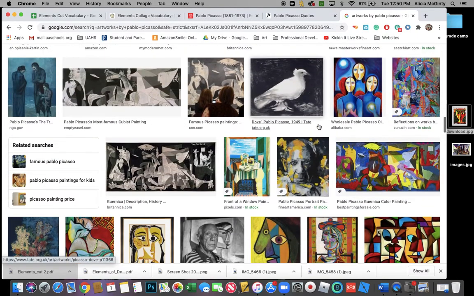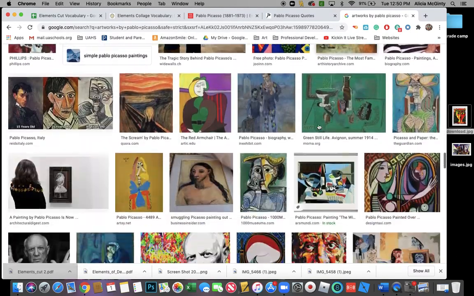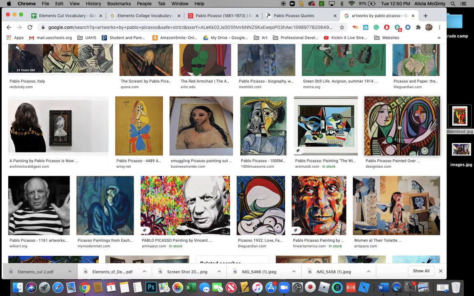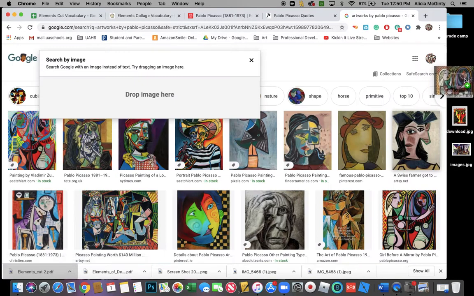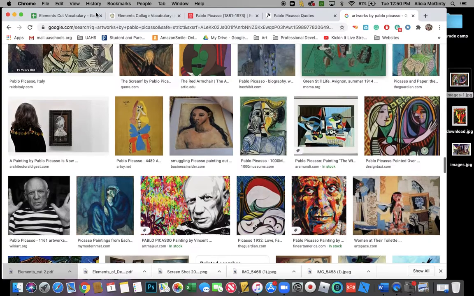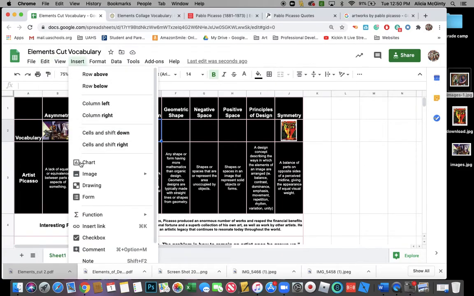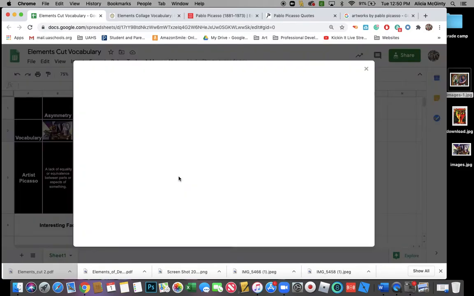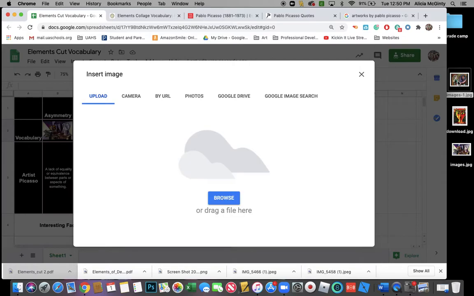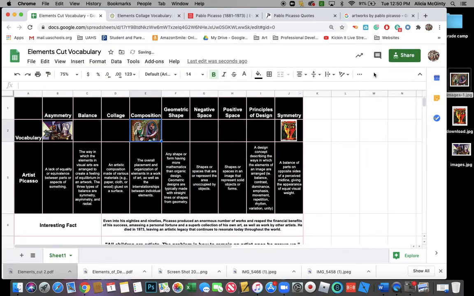So I'm going to go in, I'm just going to pick one of my favorite pieces. So as I'm going down, I've always kind of liked this piece. So I'm going to pull that over, and then I'm going to put that in my composition chart. So I'm going to go to Insert, Image, Image into Cell, and then drag that into my browser. Now I'm going to look for something that has geometric shapes, negative space, positive space.